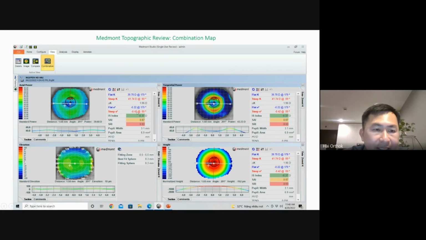So I can see the axial map, I can see the elevation map, I see the difference between the high and the low areas on the cornea. I can see the tangential map, how the lens is centered. I can see height, how it looks different in minus and plus numbers on the cornea, and because of those, I can better customize or troubleshoot the lens for you.